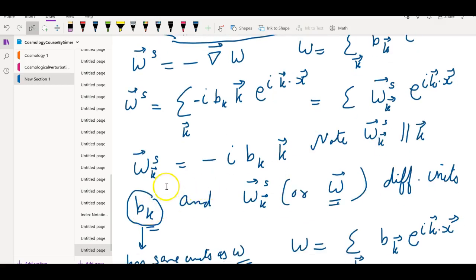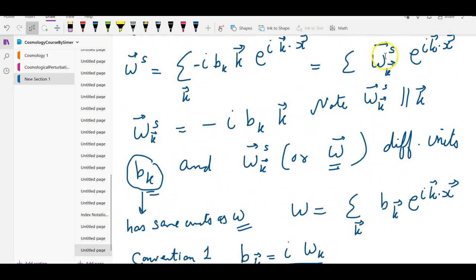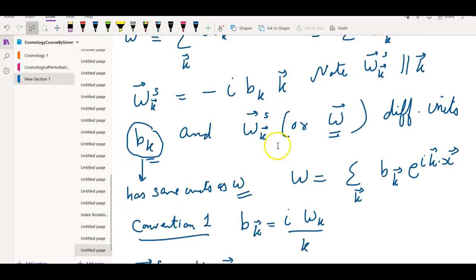So that's what we see, that this WKS is parallel to k.